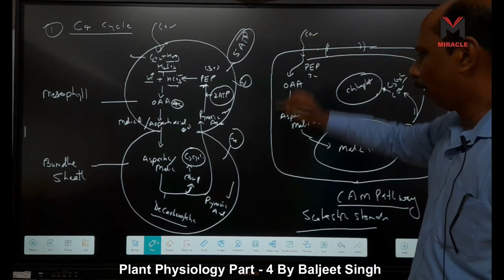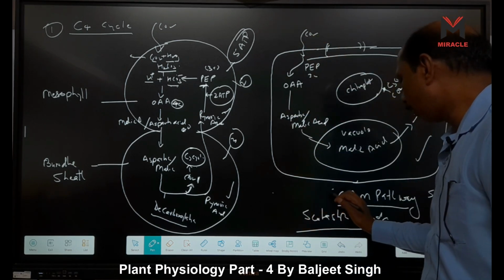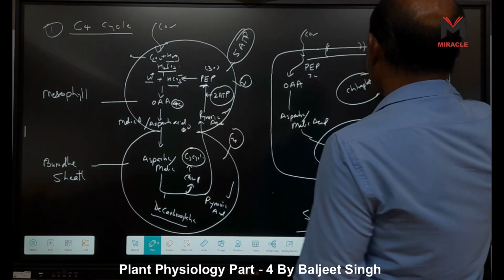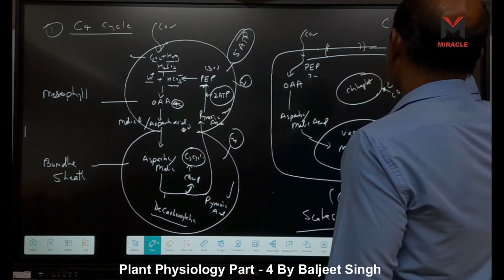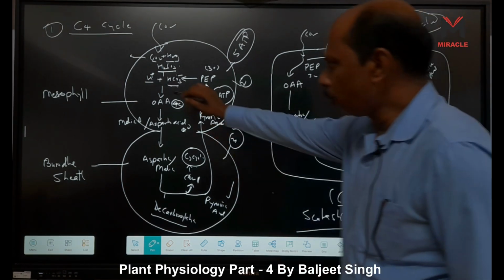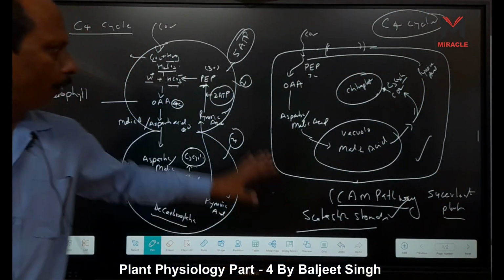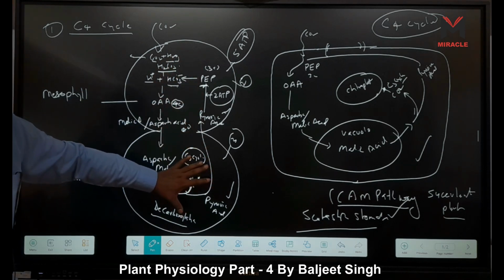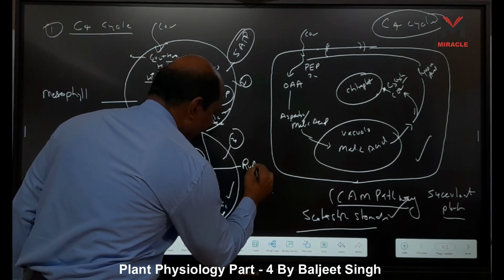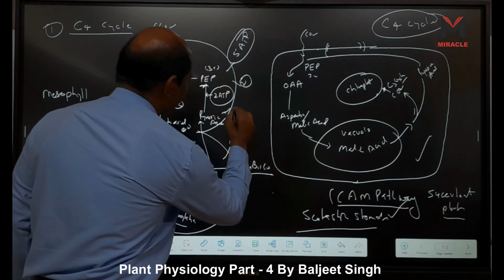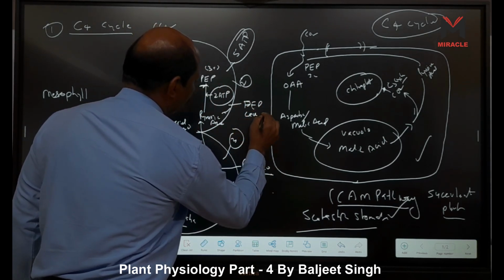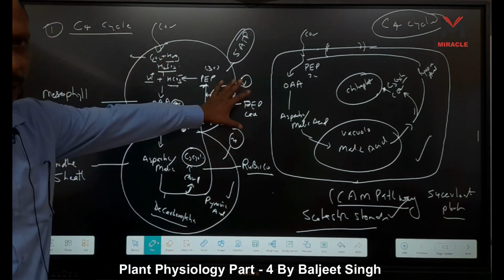Now, second, look here, this is the CAM pathway, which is not in our NCERT, but some questions will come from here. These both are C4 cycles. It also shows a C4 cycle, but it is called the CAM pathway. What is the difference between these two? Here two cells are involved, the mesophyll cell and the bundle sheath cell, right? Here the Rubisco enzyme is present, and on this side the PEPcase, phosphoenol pyruvate carboxylase enzyme, is present.